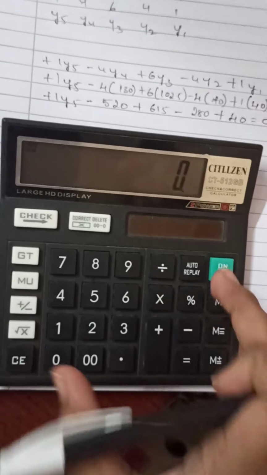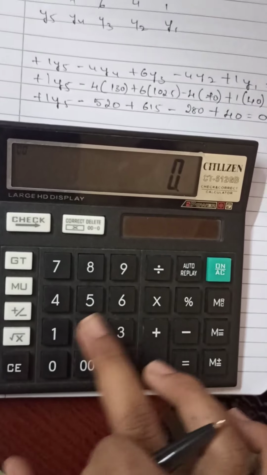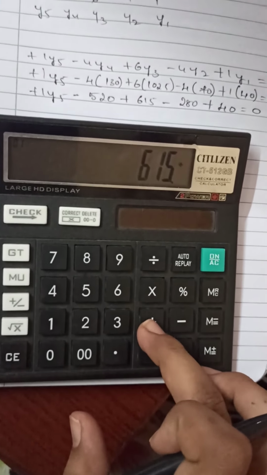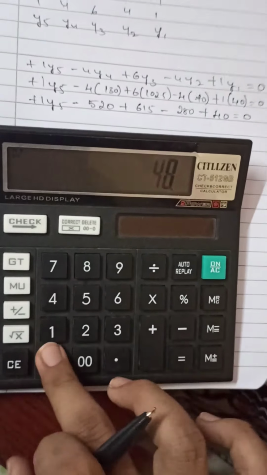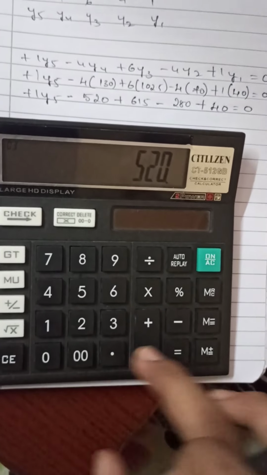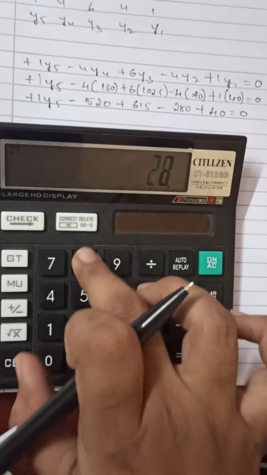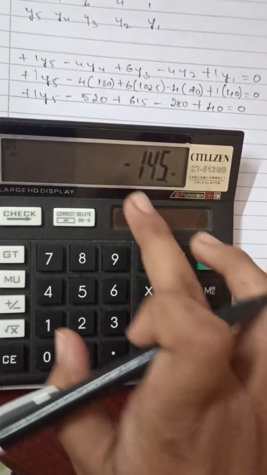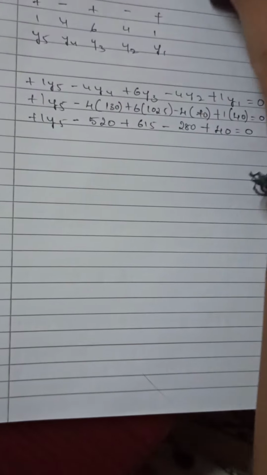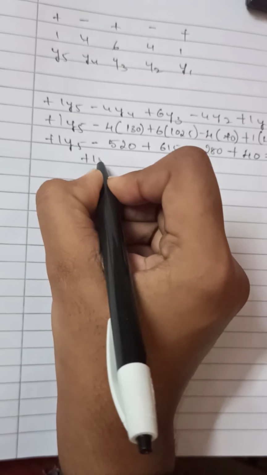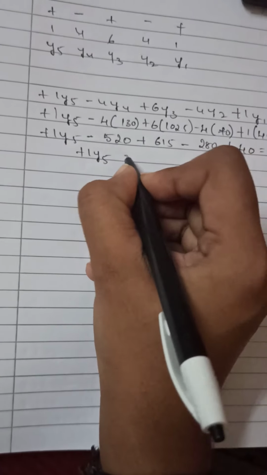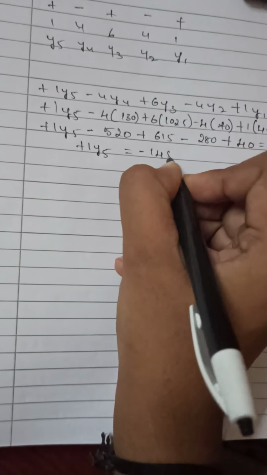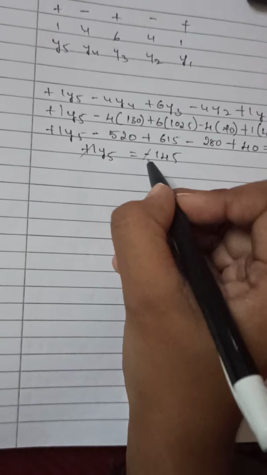So here, take all the additions first. Plus 615 plus 40 minus 520 minus 280 equals minus 145. So plus 1 y5 equals minus 145, and plus and minus will get cancelled.